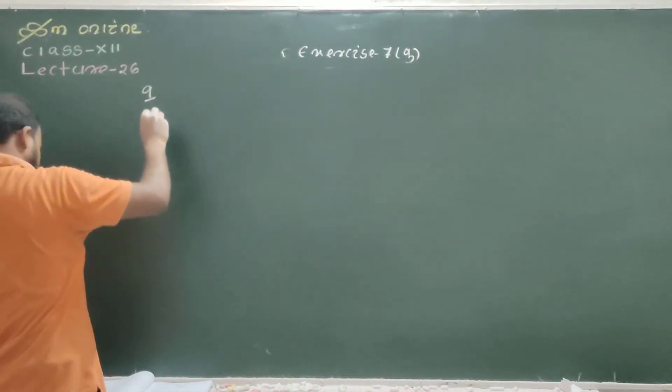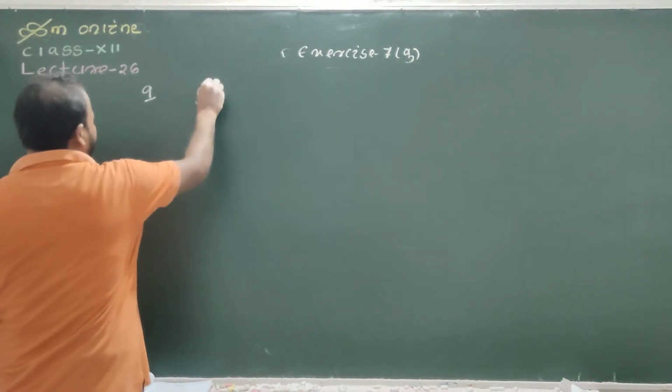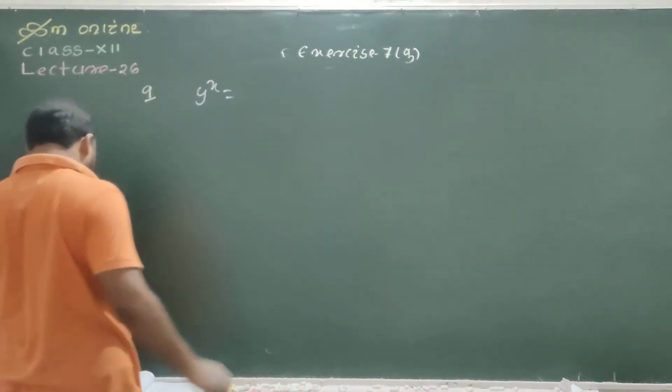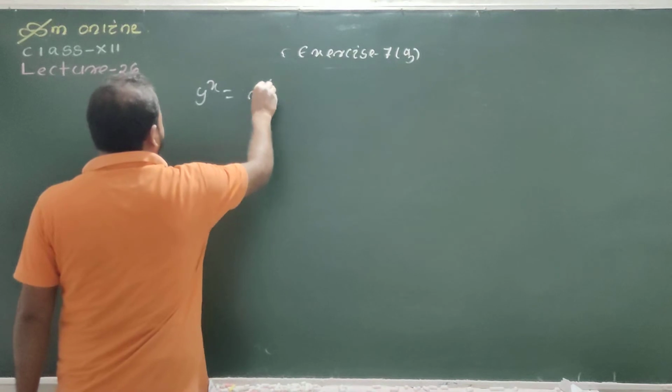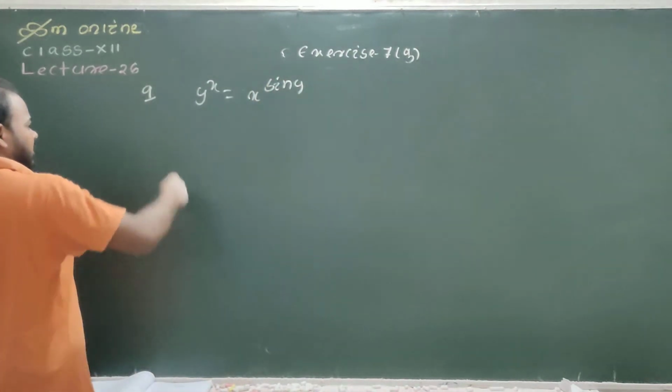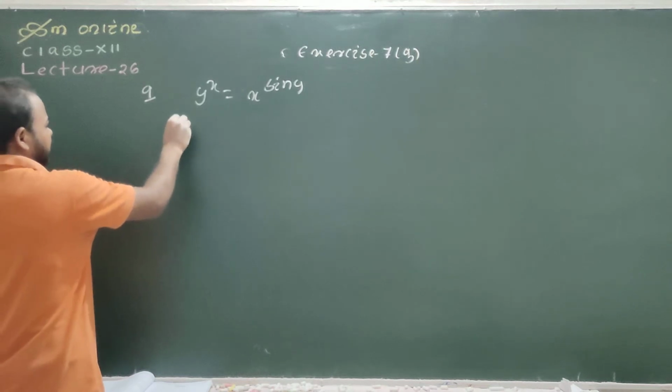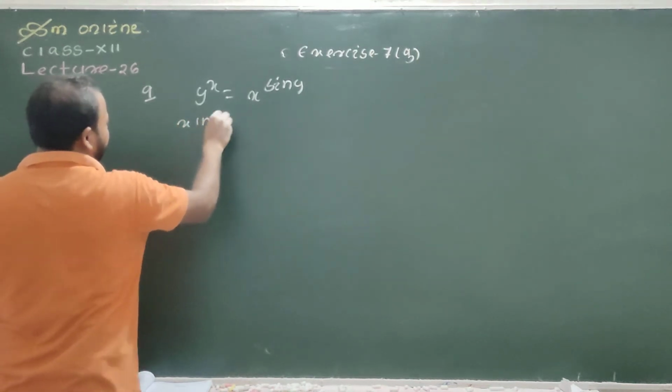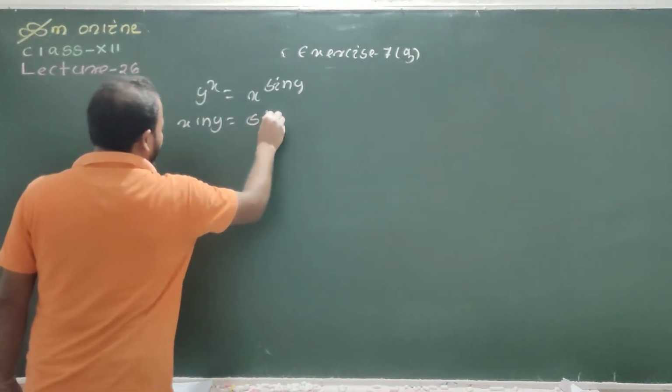This is y to the power x equal to x to the power sin y. Taking logarithm on both sides, this is x ln y, and this is sin y into ln x.